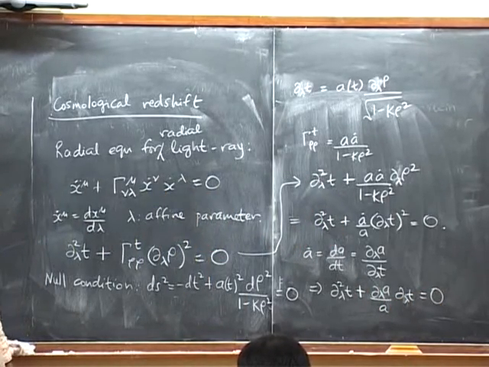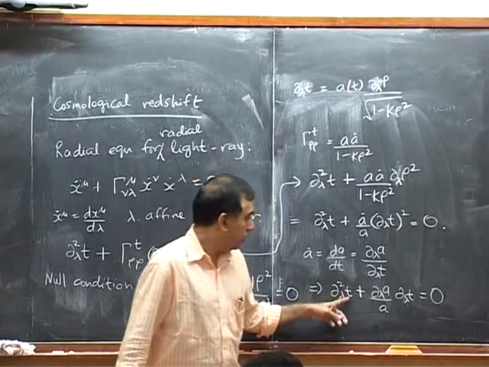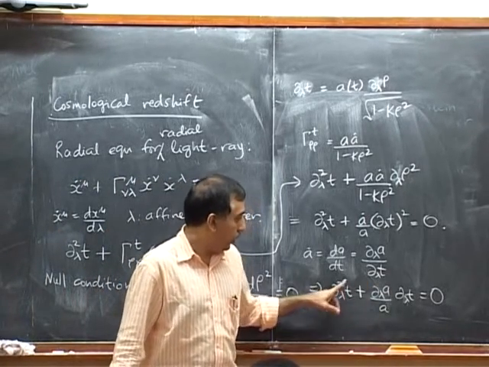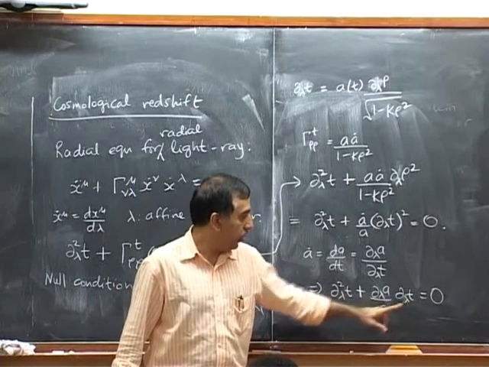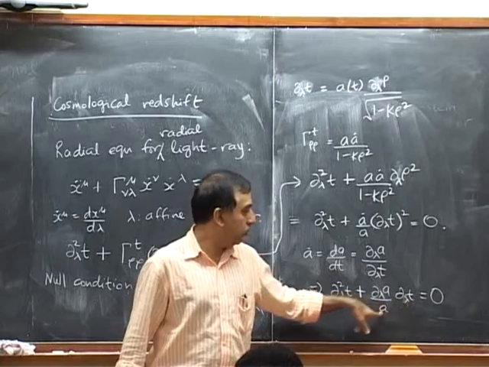Now you can immediately see the solution. If you think of del lambda of t as a particular function, then that function differentiated and divided by itself is minus del lambda of a divided by itself. So del lambda of t goes like 1 over a.